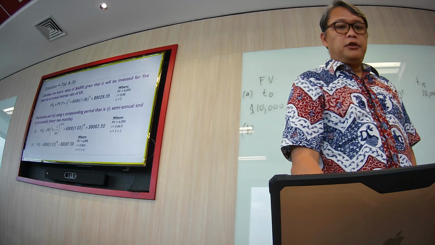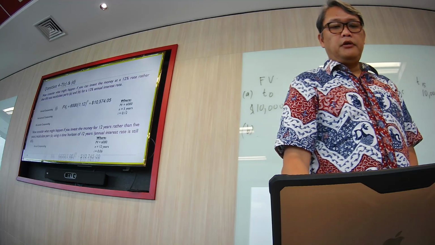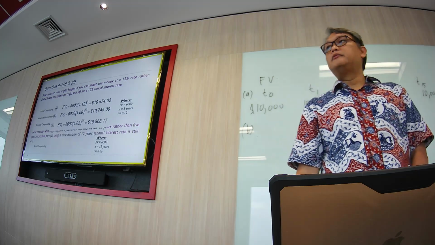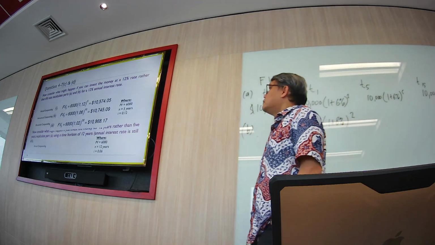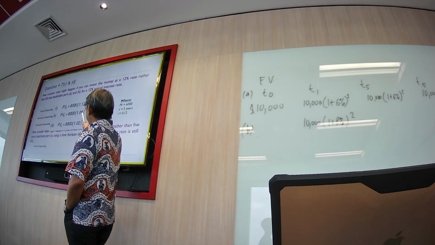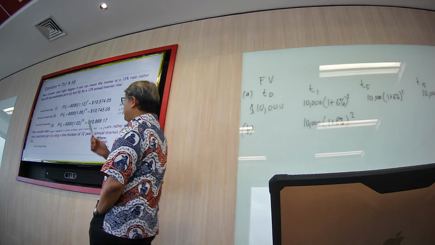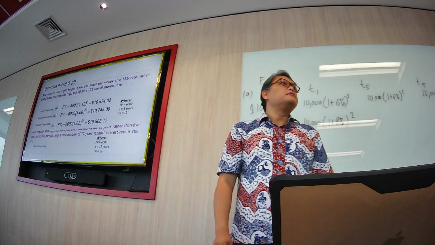And then for C, we change the interest rates, right? So this for 5 years, and then semi-annual compounded 2 times 5, and then bi-monthly 6 times 5, right?